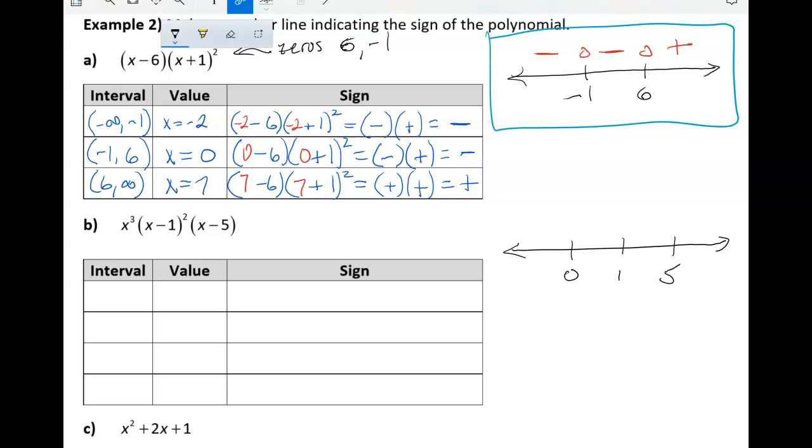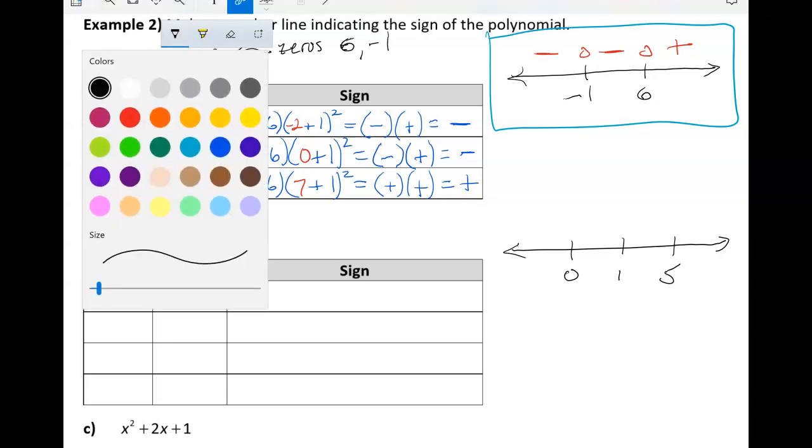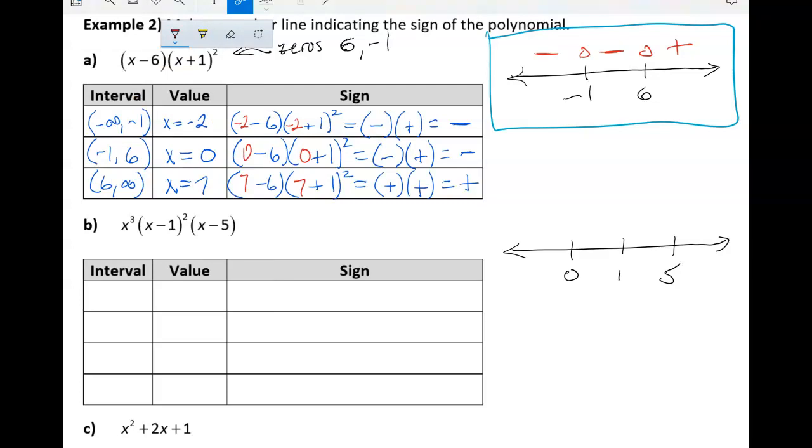One thing that I need to tell you is make sure that you put these values in order on the number line. The spacing doesn't matter though. So I know that 1 and 5 are farther away from each other than 0 and 1, but it doesn't matter as long as we get them in the correct order. So those guys make the value of the polynomial 0. Now we have 4 intervals to test. So we're going to start here on the left.